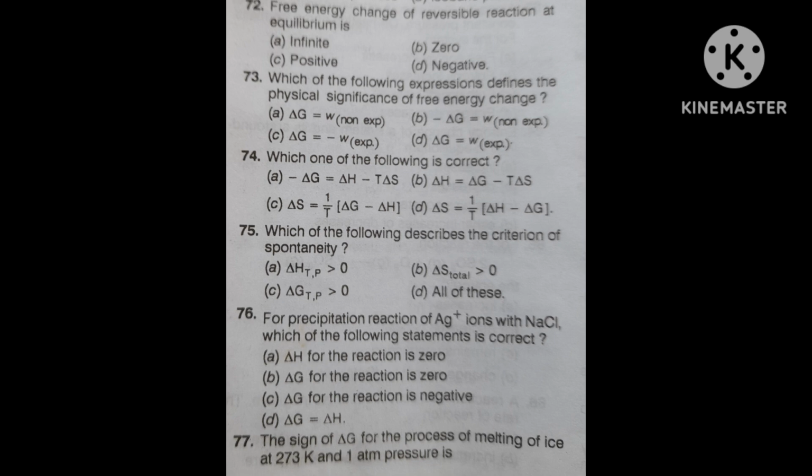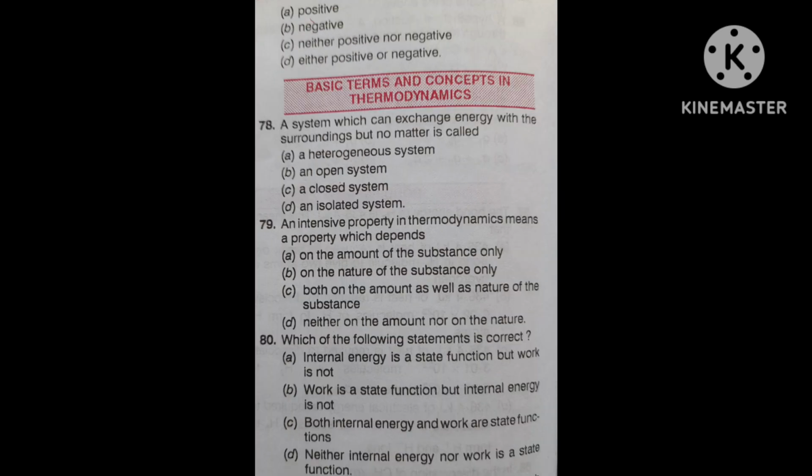First option: delta H at constant T and P must be greater than 0. Second, delta S total must be equal to 0. Third, delta G at constant temperature and pressure must be greater than 0. And fourth, all of these.